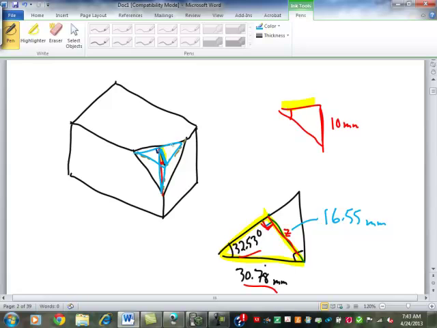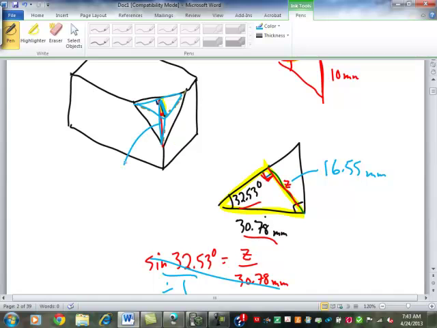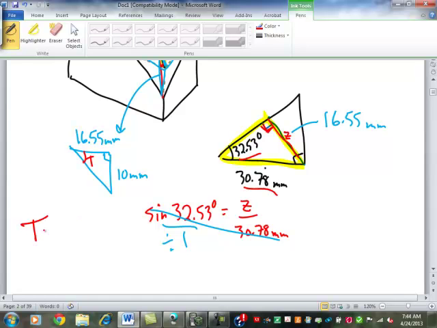To get the rest of this triangle, flipping it down, what we just found was this top piece. We assumed this was 10 millimeters earlier. Our angle of tilt is right there. So for our angle of tilt, we have opposite and adjacent sides, so it's going to be an inverse tangent of 10 over 16.55.